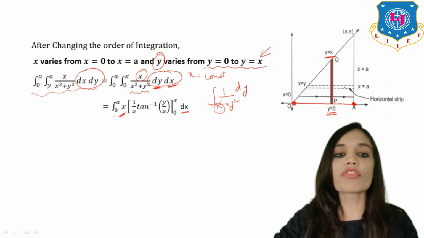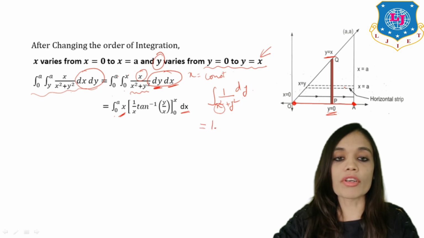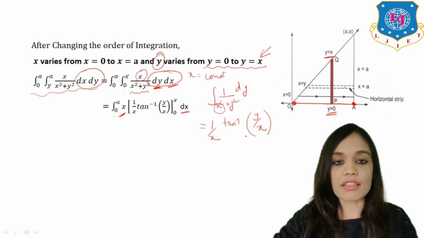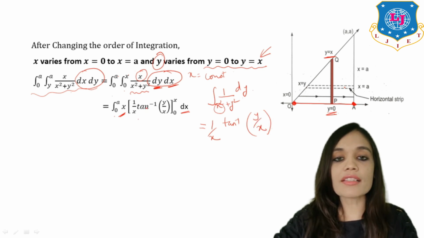We know the formula of this integration. It will be equal to what? 1 upon a. But here a is x, so it will be equal to 1 upon x tan inverse, what will come? y upon x, right? So 1 upon x tan inverse y by x. Now these two x will get cancelled out.